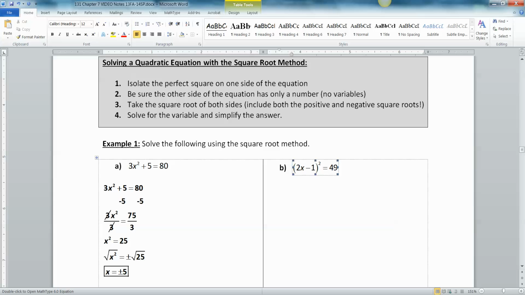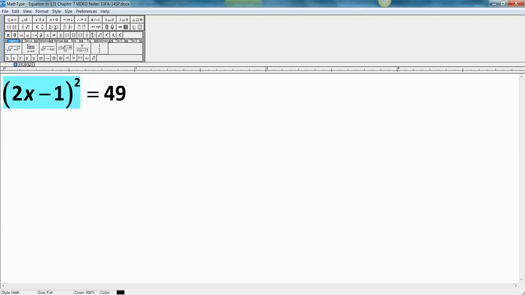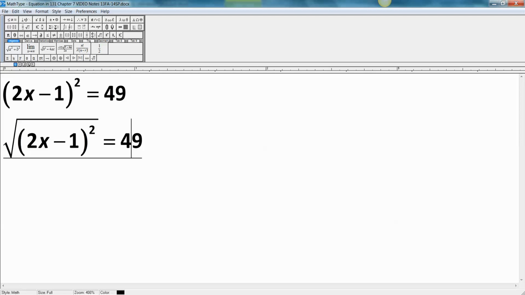But in this one, the perfect square is actually this whole side, which is already isolated, so even better. So we're actually just going to take the square root of both sides. So you're going to take the square root over here and the square root over here. And remember, whenever you do square root of both sides, plus or minus. That's true of any even root, actually. Square roots, fourth roots, sixth roots, so on.